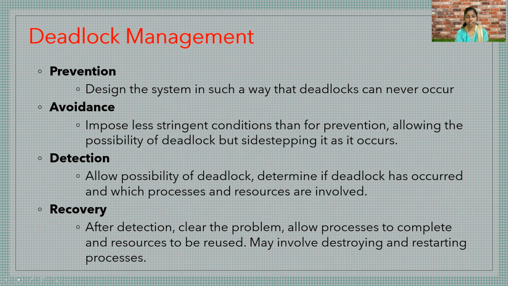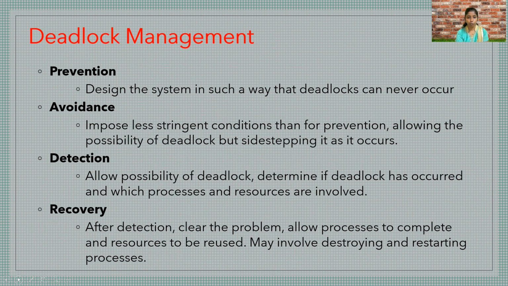So here we're going to clearly see these 4 important techniques of deadlock management. Number 1 is deadlock prevention, where we design a system so that deadlocks never happen at all.